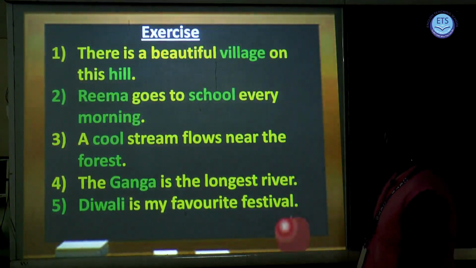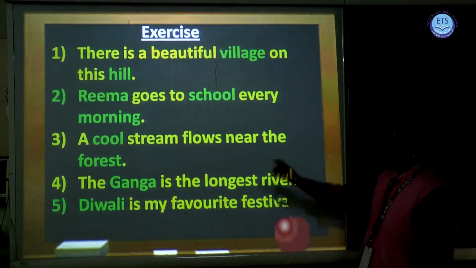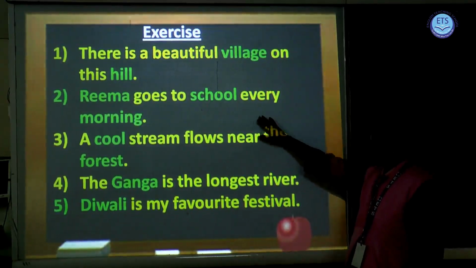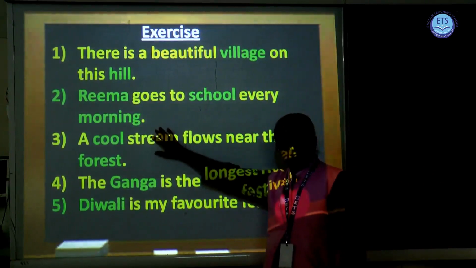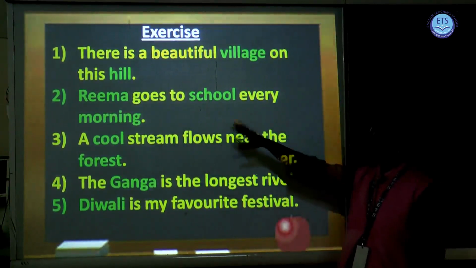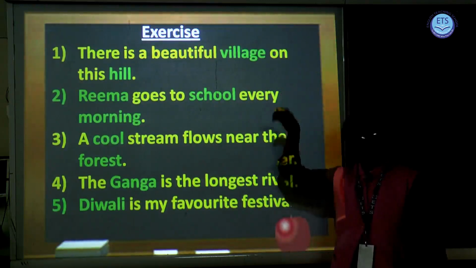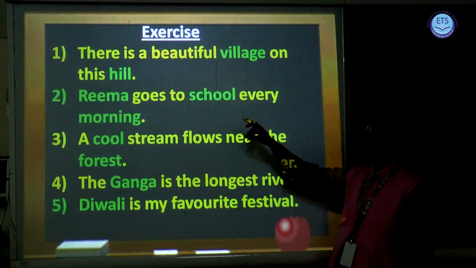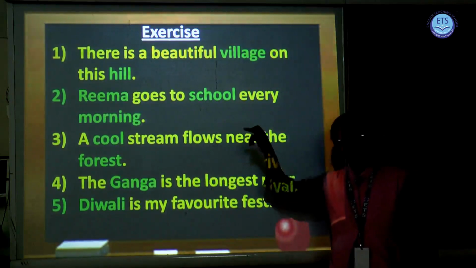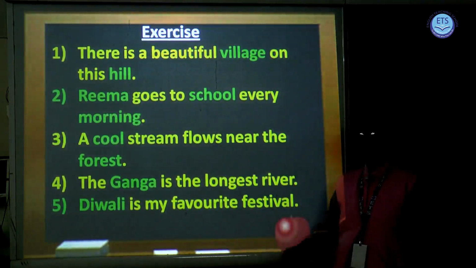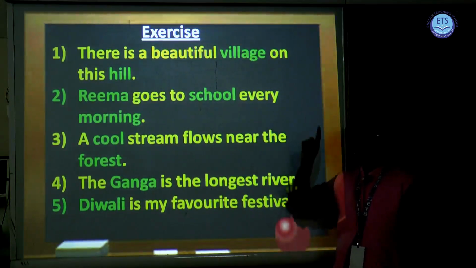In the second sentence, you can read, Rima goes to school every morning. Now, here Rima, basically she is a girl. But when a girl is given a special name, like here Rima, Rima becomes a proper noun.